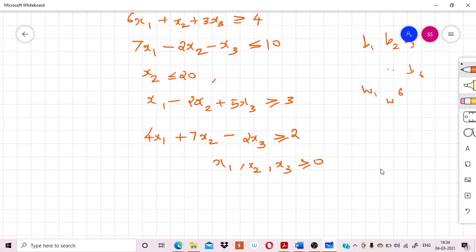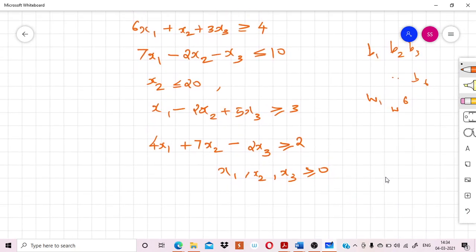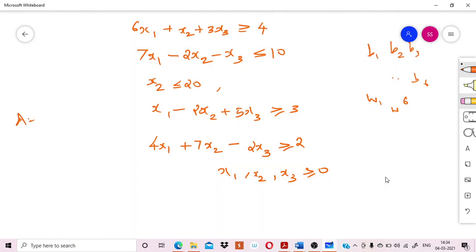And that means you should form a matrix. A is equal to some matrix. You can write 6. We have 1, 3, 7. Actually, this is multiplied by minus 1, so it's minus 7. Right. Then 2, then 1.